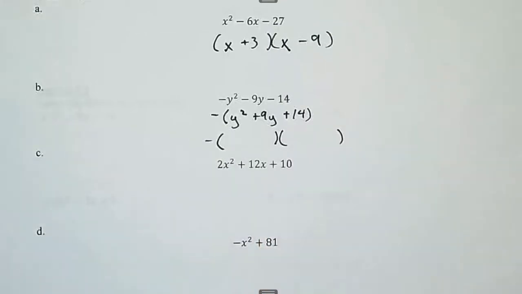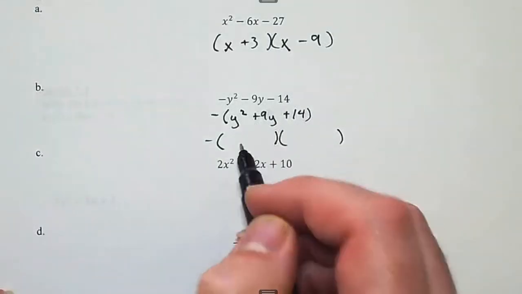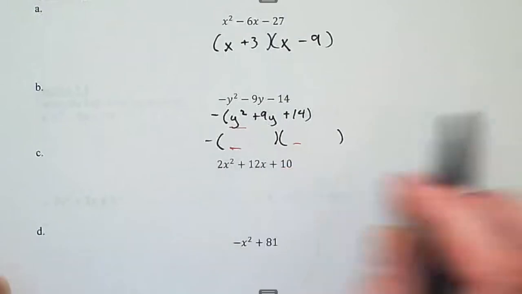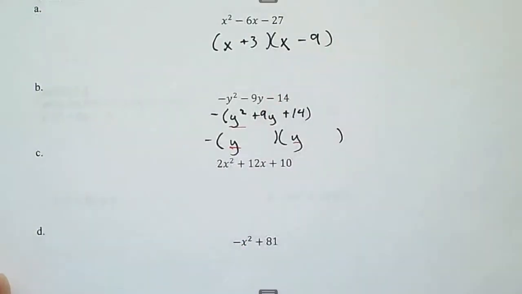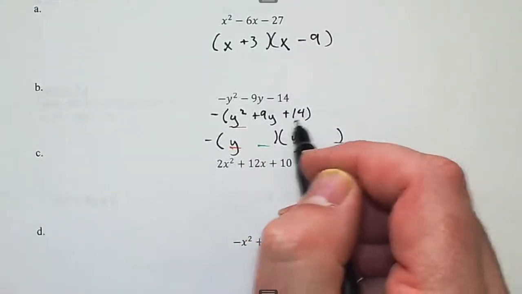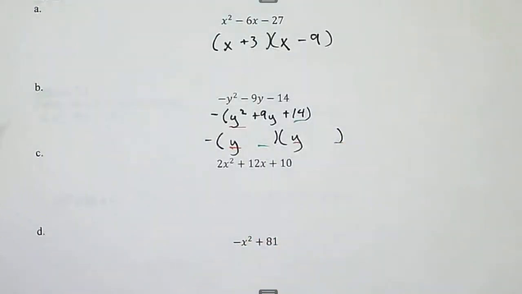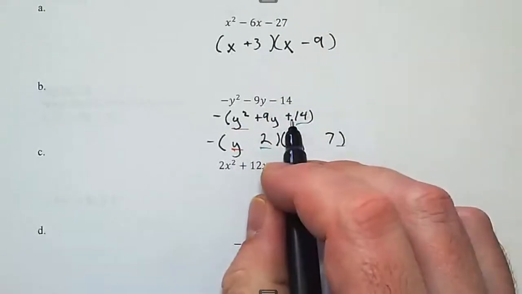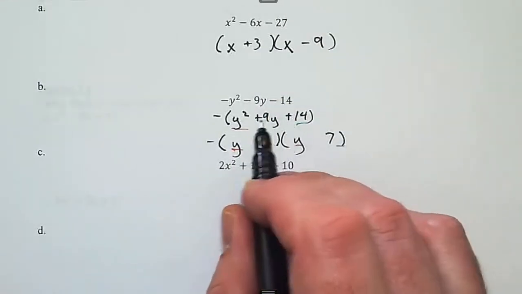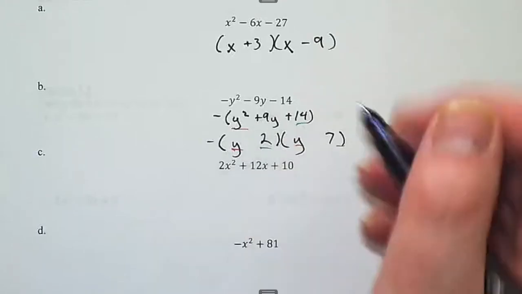All right, what goes here and here multiplies to that, so that would be a y and a y. And what goes here and here has to multiply to 14. So I have choices of 1 and 14 or 2 and 7. I'll be using 2 and 7. Because it's a positive 14, they have to be the same sign. And that's the sign that they have to be.